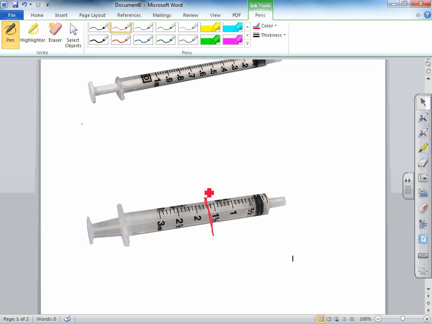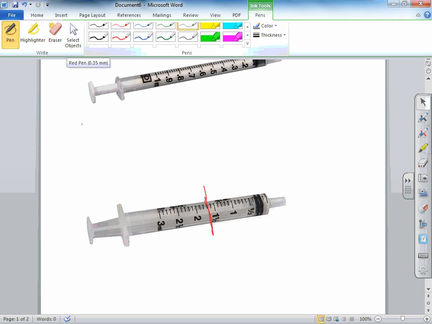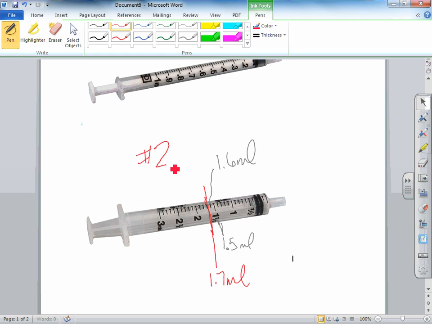So if you have 1.5, remember the increments between the numbers on a 3 milliliter syringe is 0.1. So if I have 1.5 milliliters here, the first line is 1.6 milliliters, which means that my second line is what? 1.7 milliliters. So for number 2, practice problems B is 1.7 milliliters.